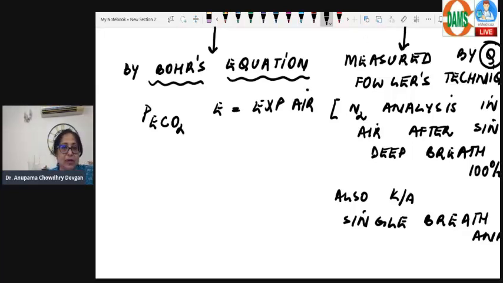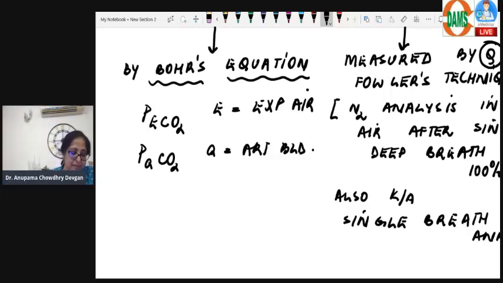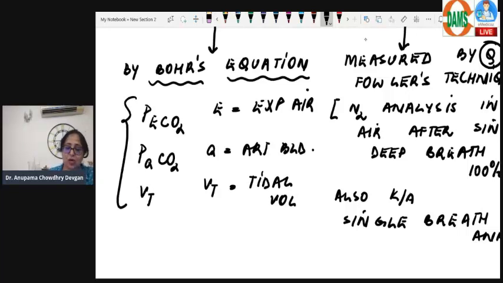Second, the partial pressure of CO2 in the arterial blood. P stands for partial pressure, capital E is expired air, and small a is arterial blood. And third, I need VT. What is VT? This is tidal volume.